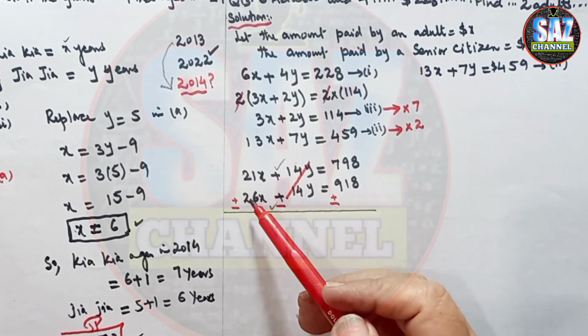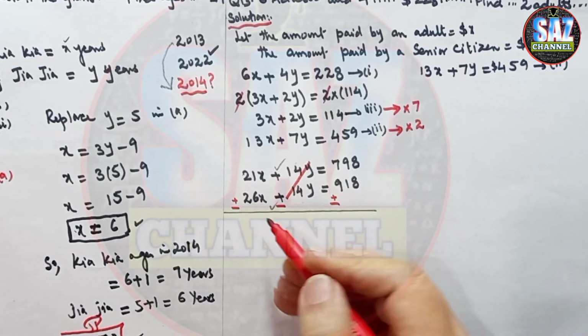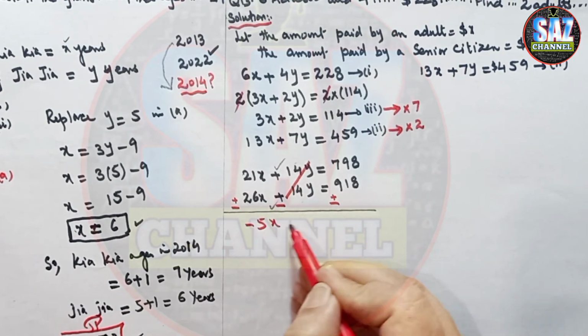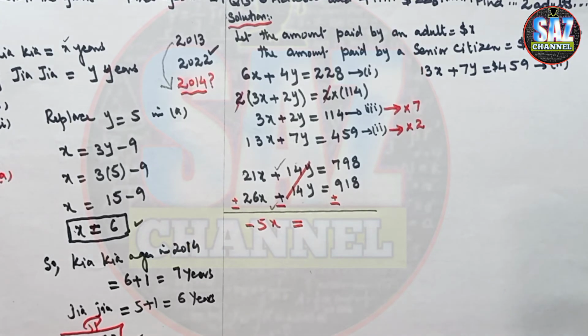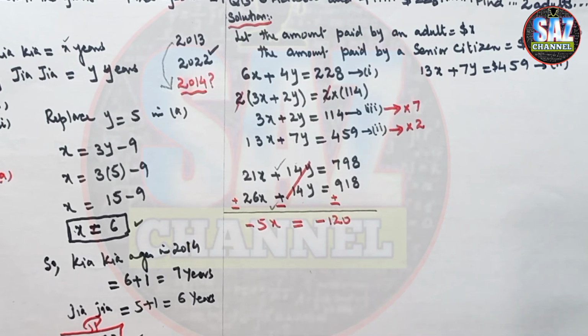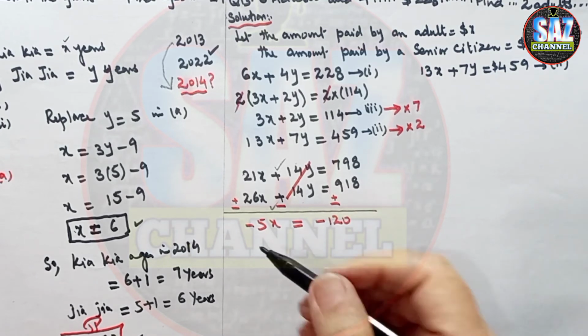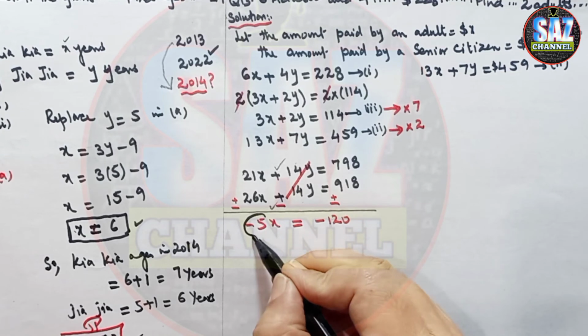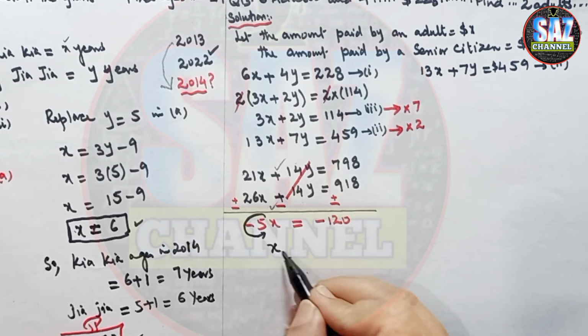So 21 minus 26 will give me minus 5x equals to, now take away 798 from 918, 798 minus 918, and this will give me minus 120. Okay, now what we can do, we can shift this minus 5 to other side in order to get value of x.